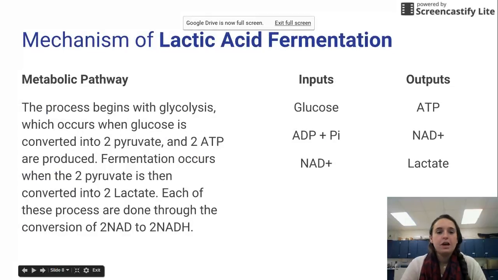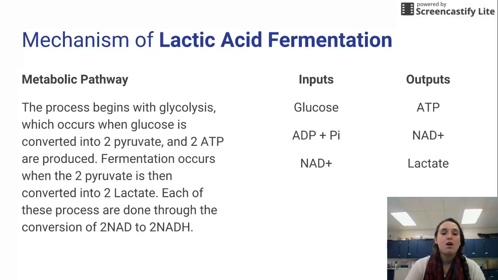All right. So the second process of anaerobic respiration is lactic acid fermentation, which is a little more simple than alcohol fermentation. It begins with the process of glycolysis, the same as alcohol fermentation. So 1 glucose molecule is converted into 2 pyruvate molecules, and 2 ATP molecules are released.